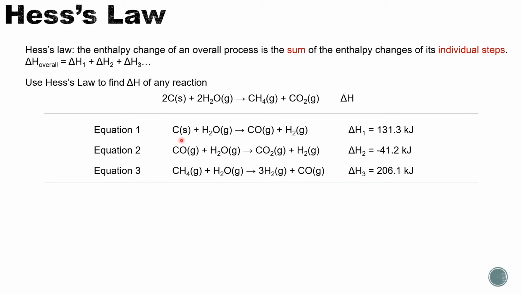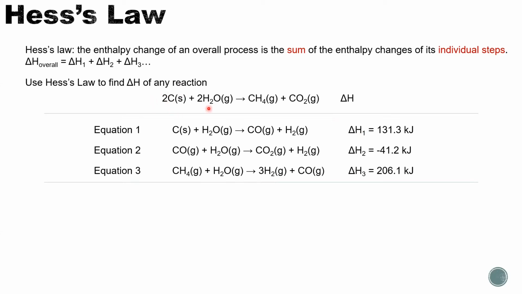In order to match the 2 carbons in the target reaction, we can multiply every coefficient in equation 1 by 2. Then we have 2 carbons plus 2 waters to produce 2 CO and 2 hydrogen, and delta H should also be multiplied by 2. So we take care of the carbon.